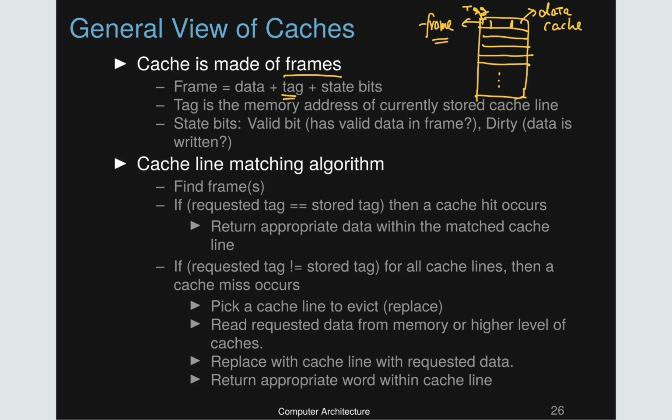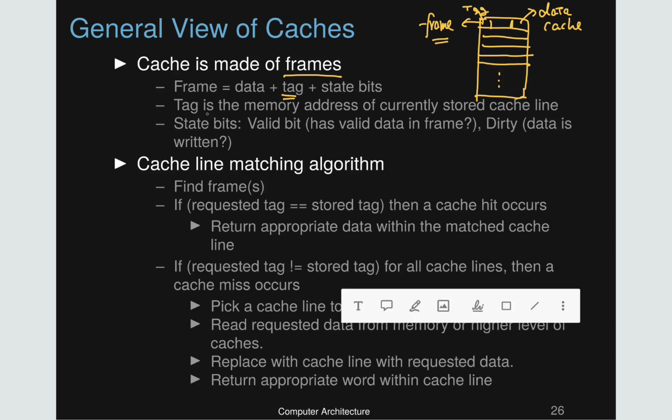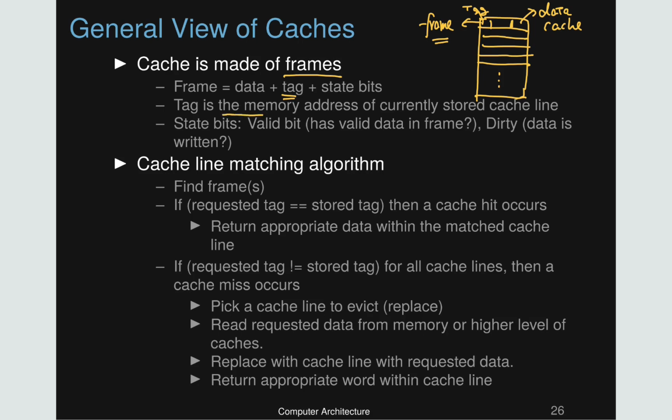The tag is essentially used to identify the cache line, and we just use the memory address of the cache line to identify it. So the tag is effectively the memory address of the currently stored cache line. And besides the tag and data, we also have a status bit.